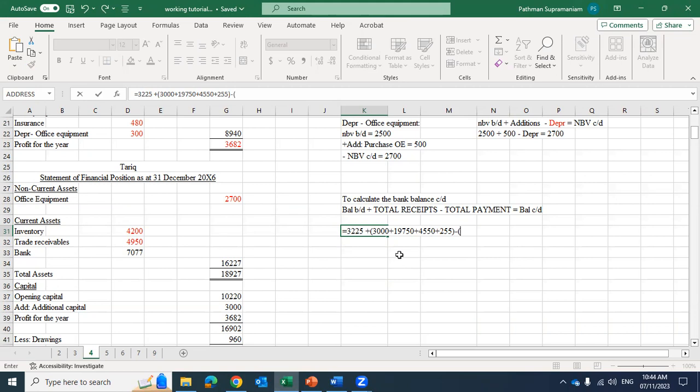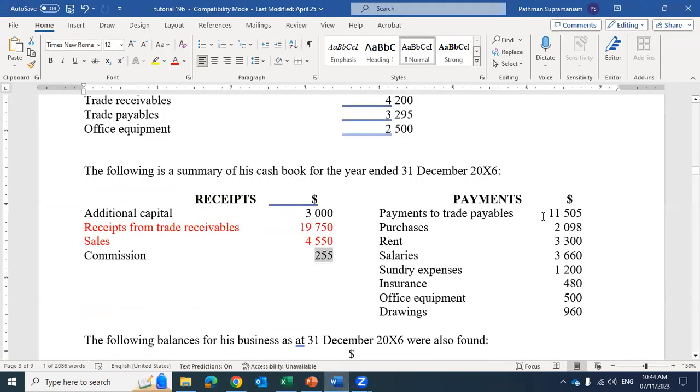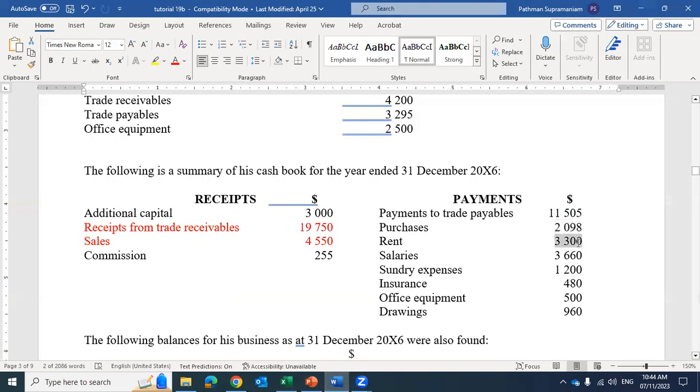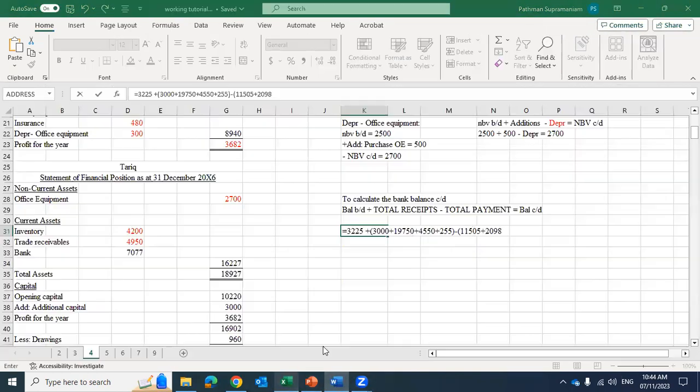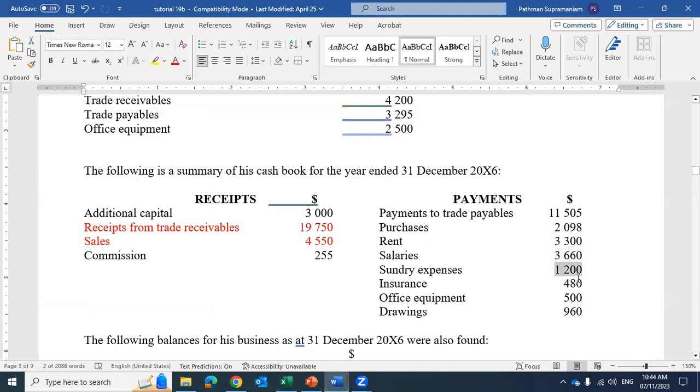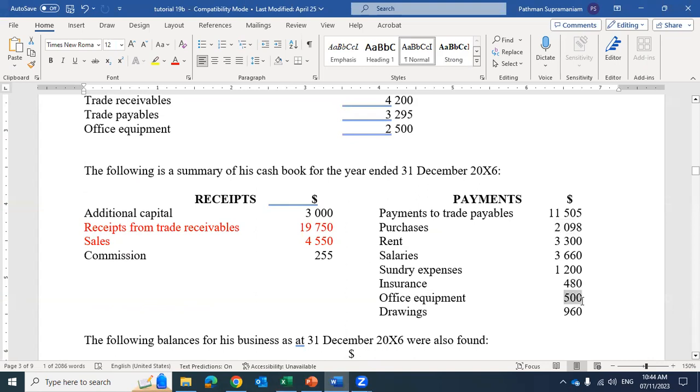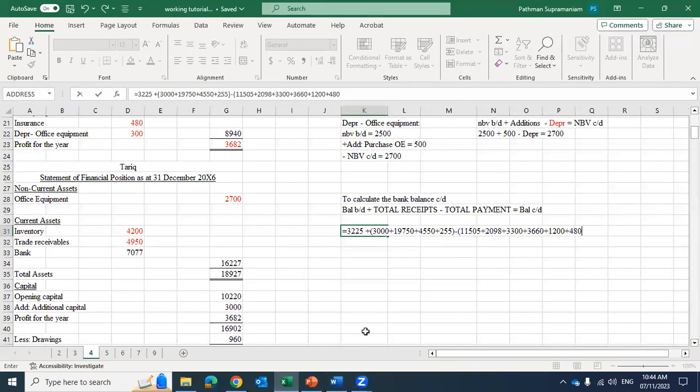As for the total payments, so 11505, 2098, 3,300, 3660, 1,200, 480, and finally, 500 and 960.